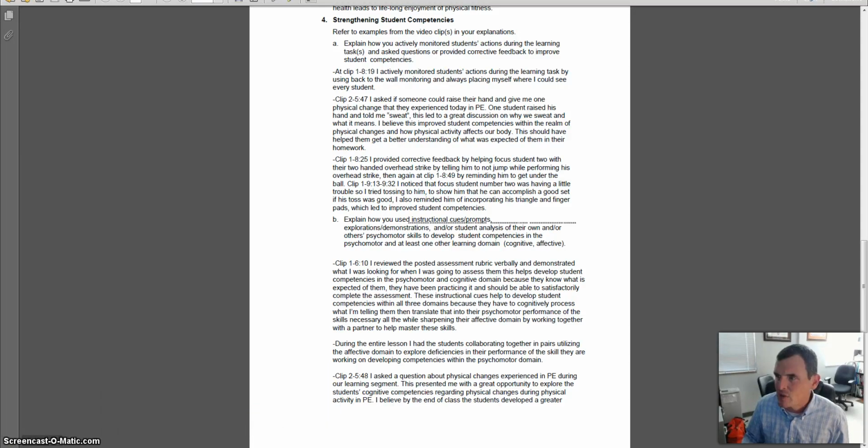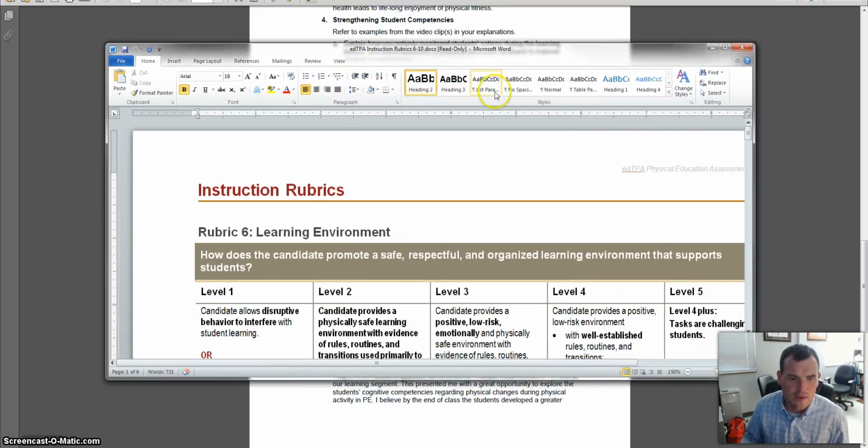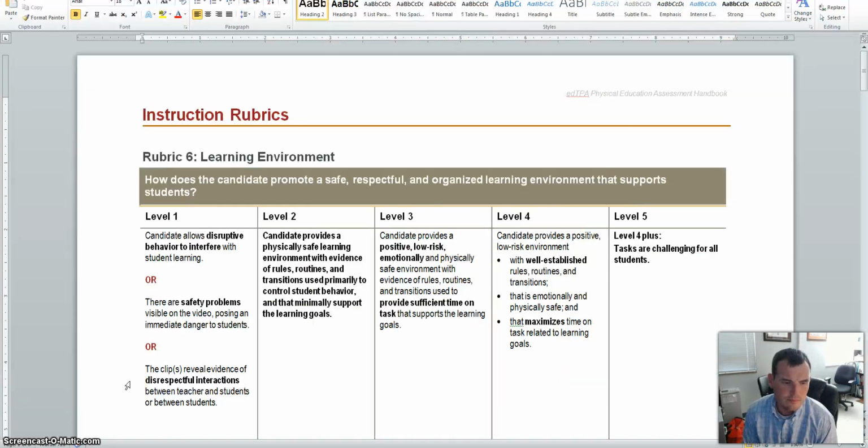The last thing I want to show you, the last thing I want to go over with you, are the student rubrics. And so we're going to look at rubrics 6, 7, 8, 9, and 10. Rubric 6, and again we'll look at level 1 and level 5. Level 1, candidate allows disruptive behavior to interfere with student learning, or there are safety problems visible on the video, posing an immediate danger to students.